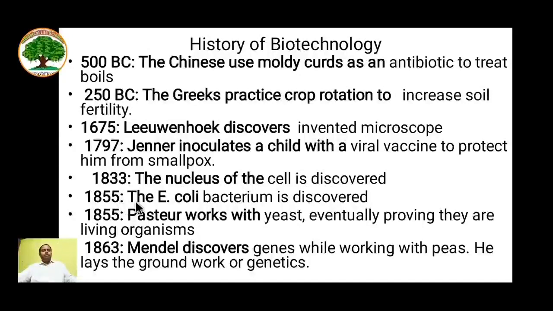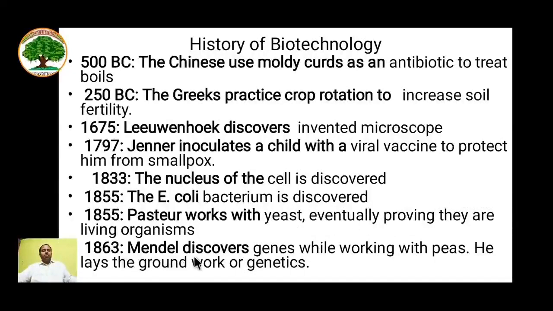In 1855, the E. coli bacterium was discovered. Nowadays, you know that the E. coli bacterium is a very important bacterium in genetic engineering. So, the majority of genetic experiments are done on E. coli bacterium. In 1855, the same year, Pasteur worked with yeast, eventually proving that they are living organisms. Earlier, they were thought to be non-living.